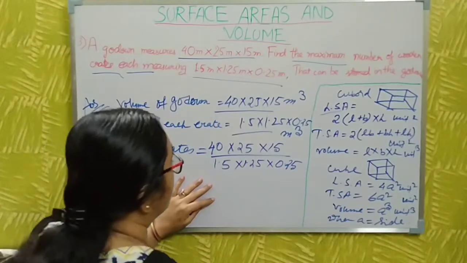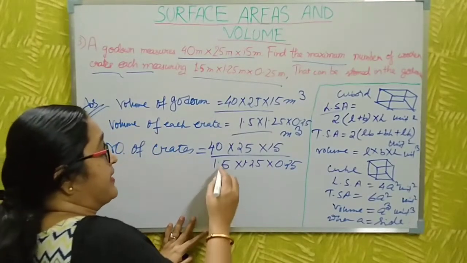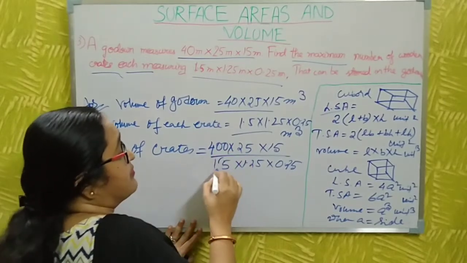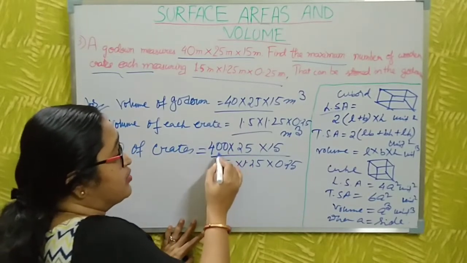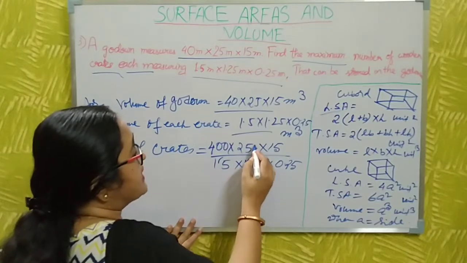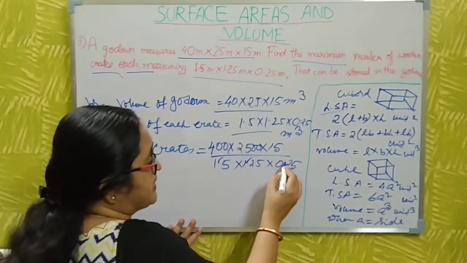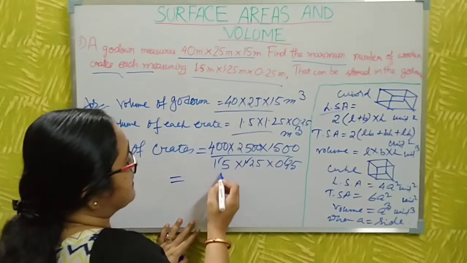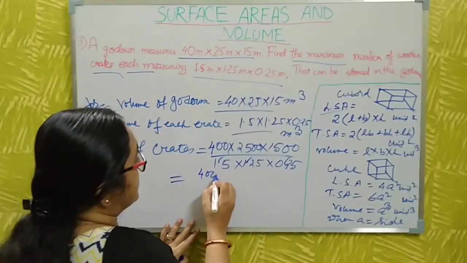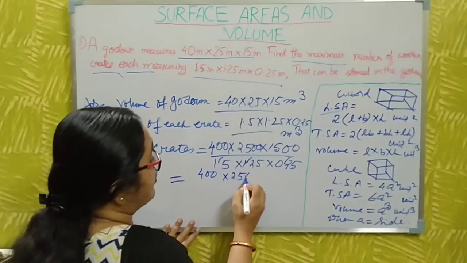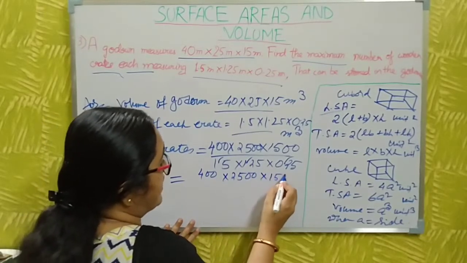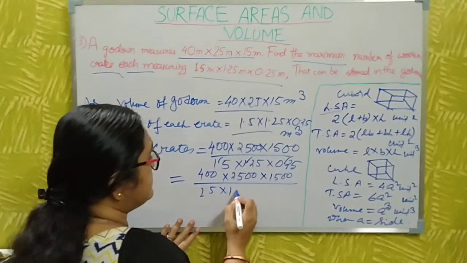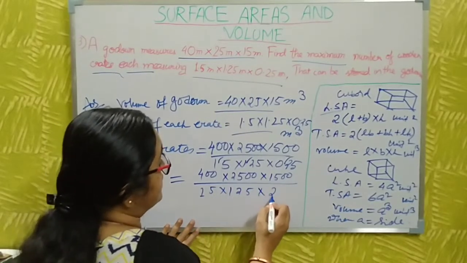You just look at the board to see how to do this division. This is very important. You remove the decimal and put here 0. You remove the decimal and put here double 0. You remove the decimal and put here double 0. Okay, now the sum becomes like this: 400 into 2500 into 1500 by 15 into 125 into 25.